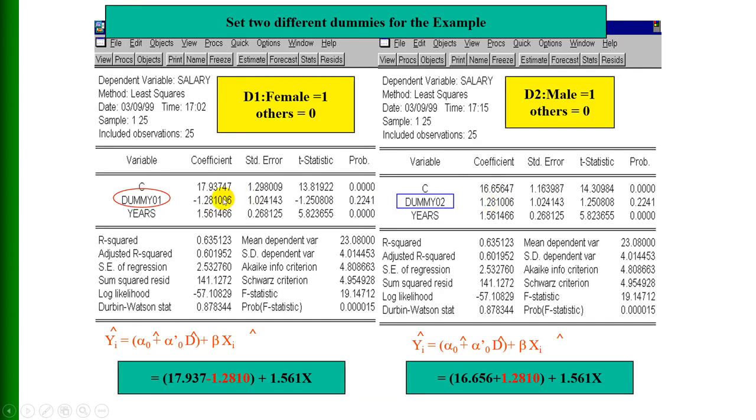This is positive and this one is negative, but this is not significant and this is not significant. The two dummies are not significant in the separate examples. So this will be equal to 16.656 if the dummy variable were significant. Then this will be equal to this.